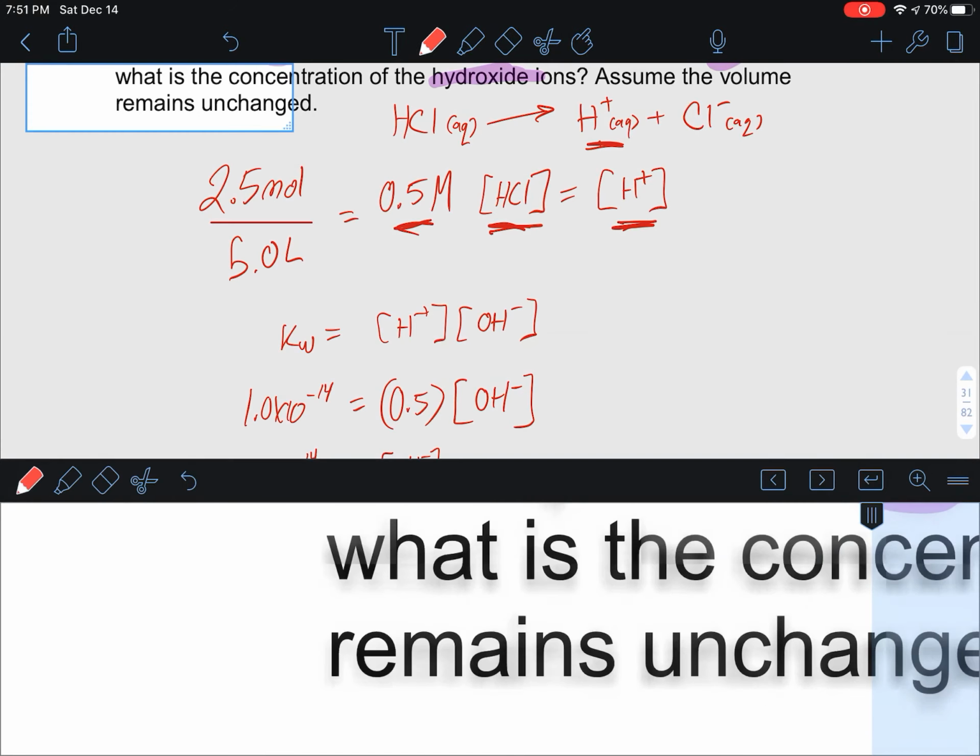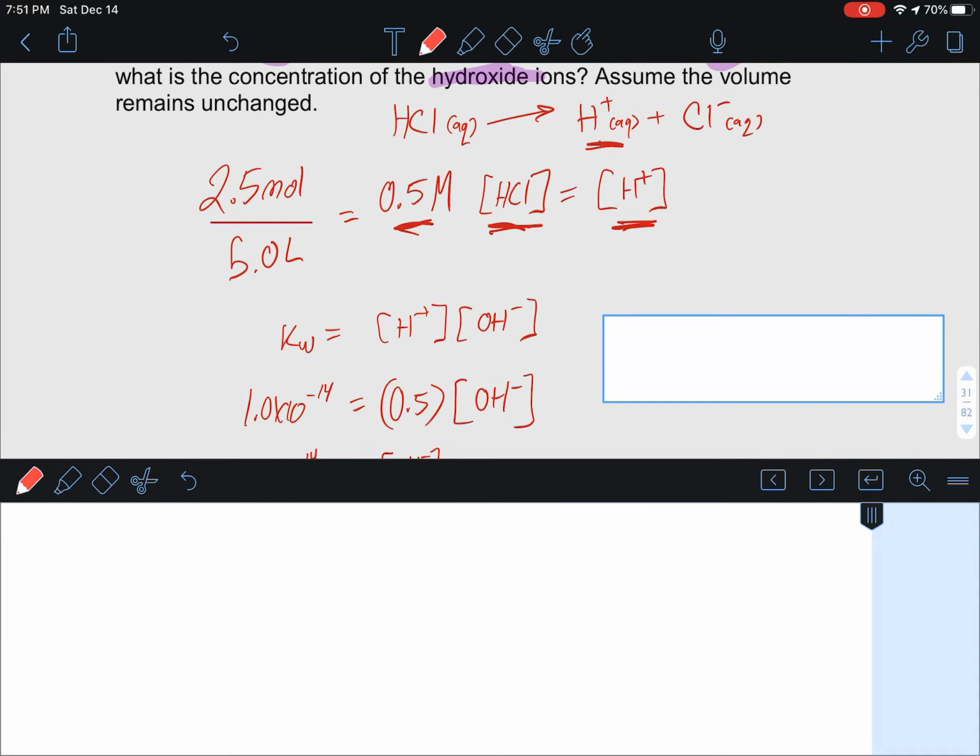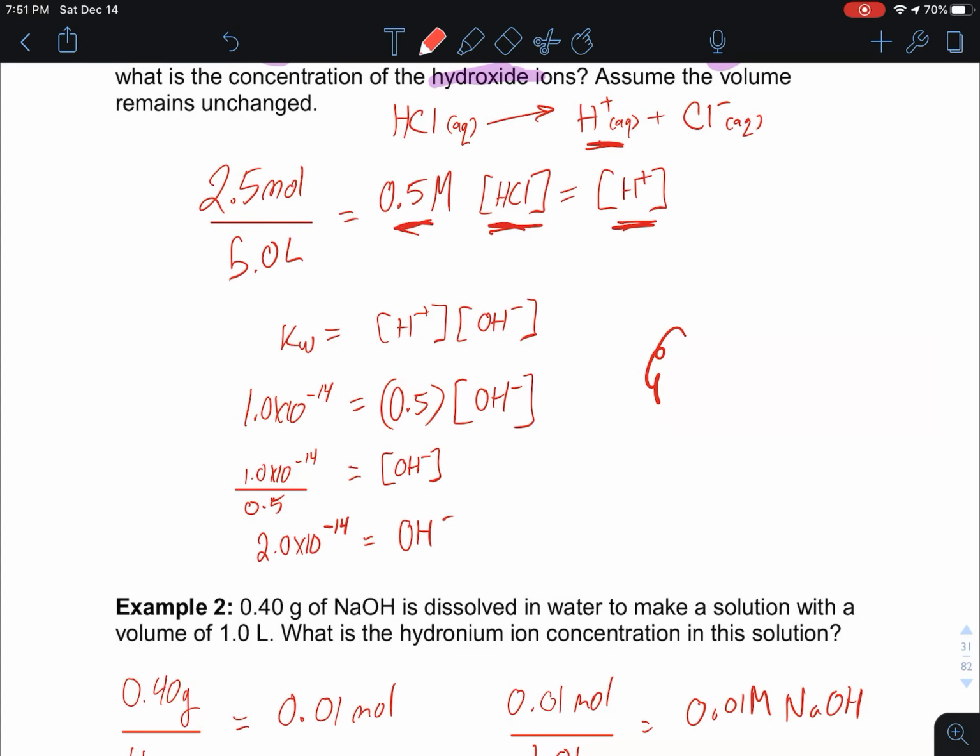So this is interesting to think about, right? This means that if you add an acid, this is probably an important concept here.